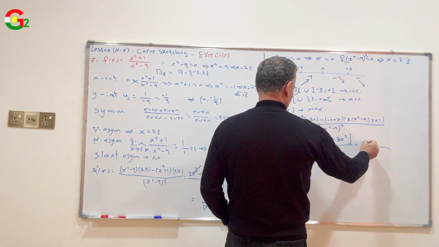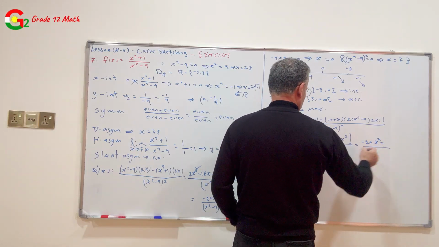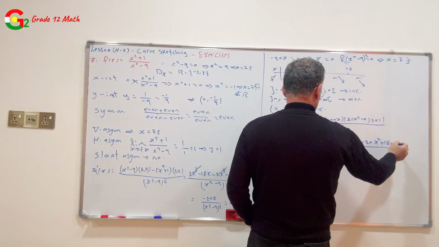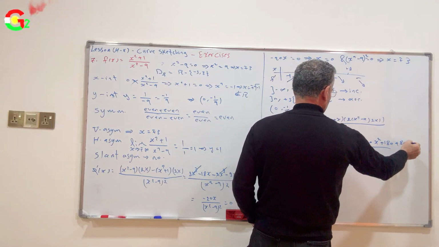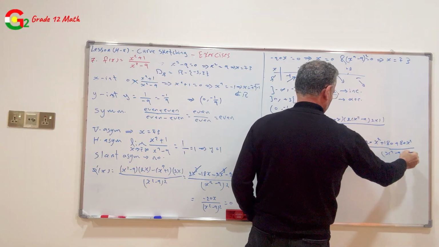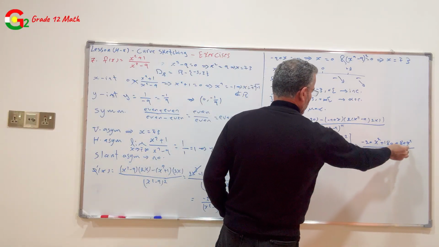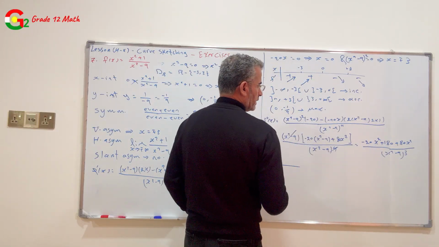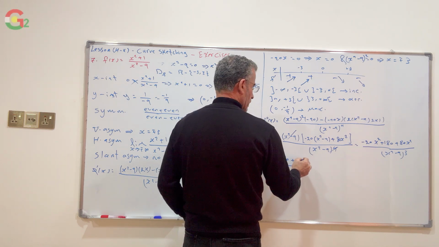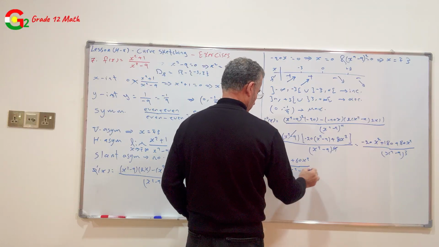Open this bracket: negative 20x² plus 180 plus 80x² over (x² − 9) to the power 3, equal to negative 20x² plus 80, 60x², over (x² − 9) to the power 3.